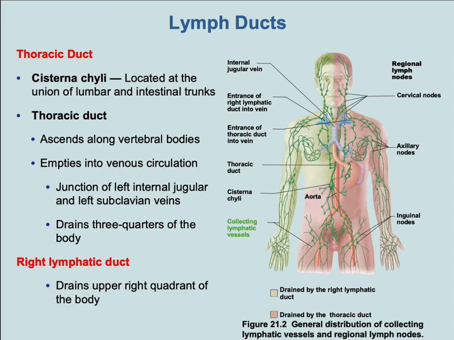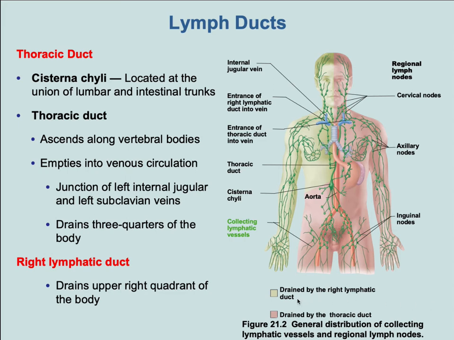Okay, so usually the right upper quadrant of your body is drained by 3 different lymph trunks. Okay, the names of which I don't require you to know, but they're the right jugular, right subclavian, and right bronchomediastinal trunks. But in about a fifth of the population, these will join to form a short right lymphatic duct.